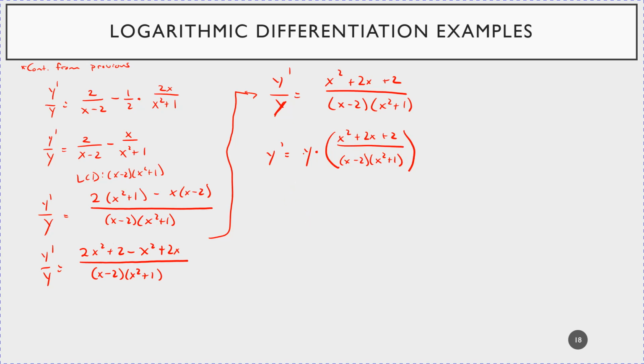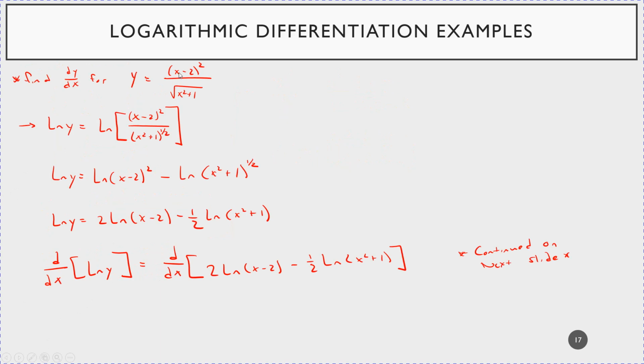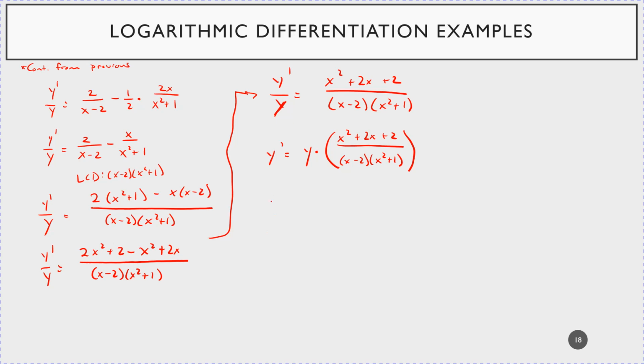Well, now you have to go back and ask what y was. Y was (x minus 2) squared divided by the square root of x squared plus 1, which I'm going to write as (x squared plus 1) to the 1/2 power, times all of this: (x squared plus 2x plus 2) over (x minus 2) times (x squared plus 1).